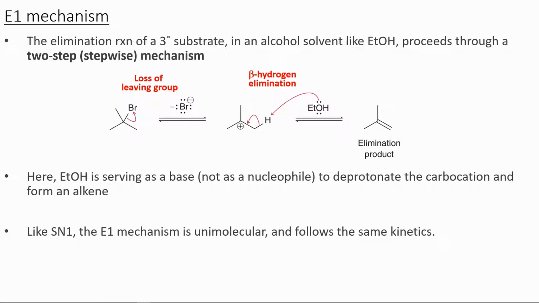Remember, ethanol is not a strong base, so we can't undergo E2 elimination, but it is a weak base, and it is strong enough to deprotonate a beta hydrogen next to a carbocation. This is also going to follow a unimolecular rate law, as the formation of the carbocation is the rate determining step.